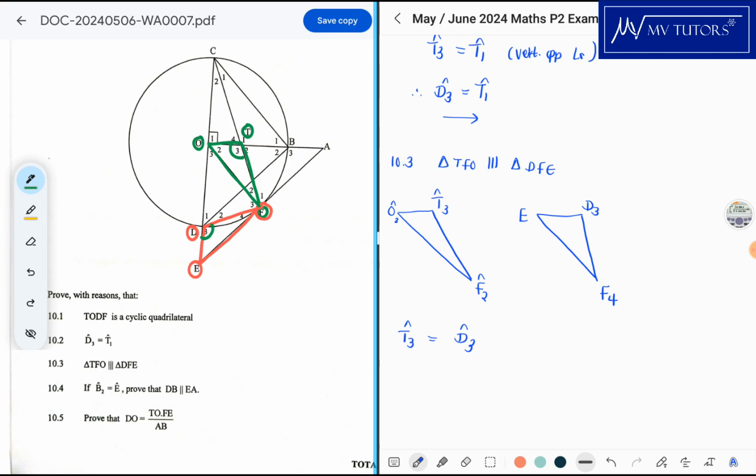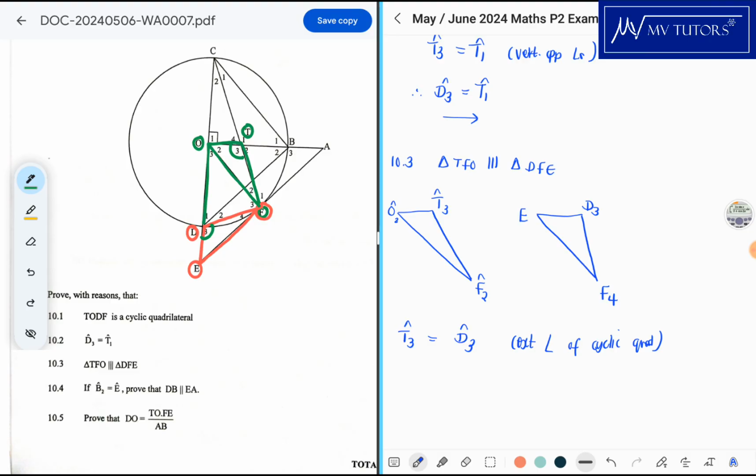D3 is there. Oh, remember we said that this is a cyclic quad. TODF, right? So D3 is actually equal to T3. Okay, external angle of a cyclic quad. I actually proved it before. So I should just say proved. Cyclic quad.